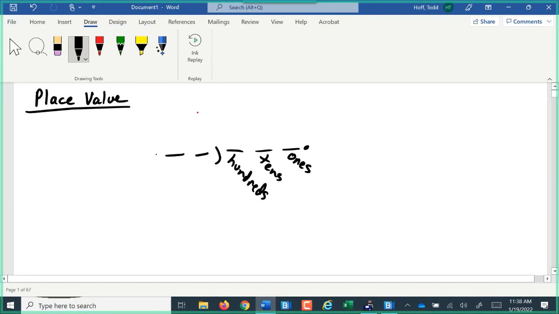They get repeated over and over again. Ones, tens, hundreds. And again, ones, tens, hundreds. And they get repeated as many times as we need to repeat them in our place values.